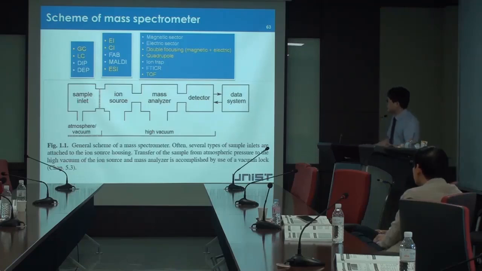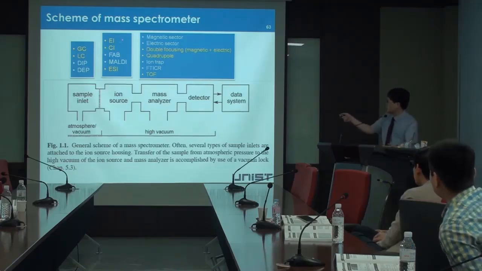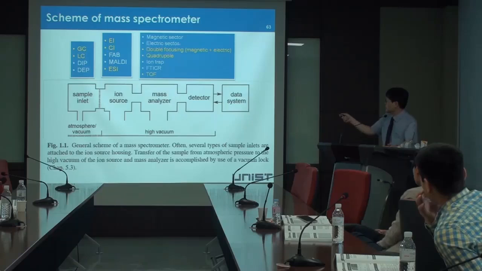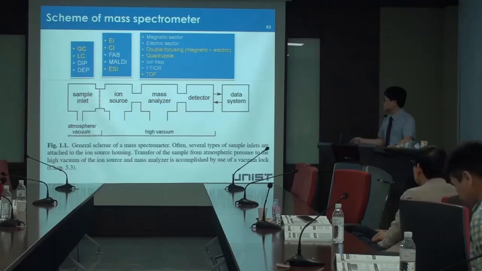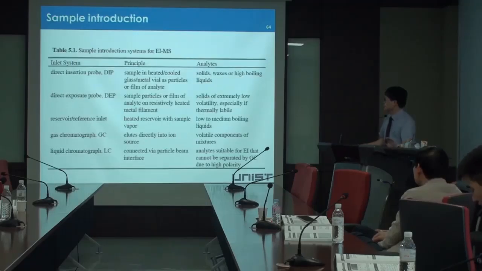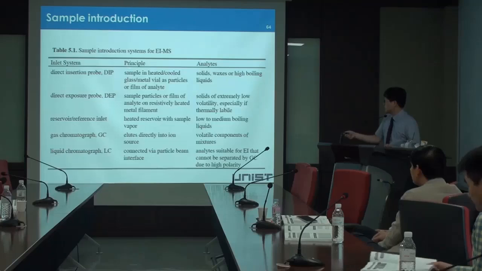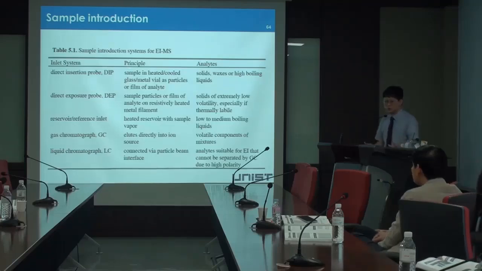So today I'd like to explain EI, CI, ESI, and the magnetic sector, quadrupole, ion trap, and TOF. This is the simple introduction, DIP and DP. These are not widely used for our samples. For solid or viscous or liquid samples we can use this, but our general options are GC or LC.